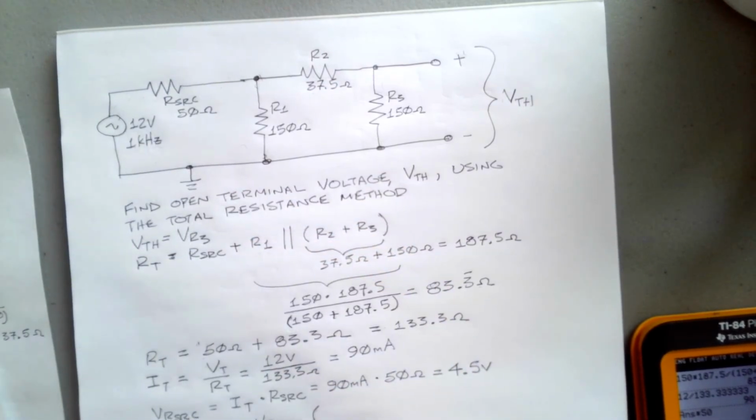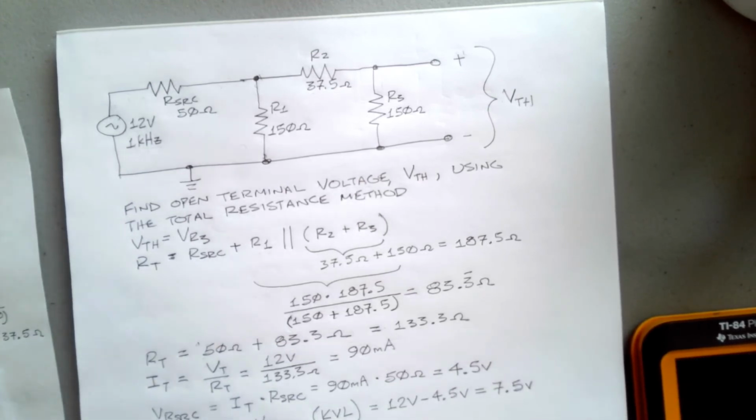Okay. And so what we have here is 12 volts minus 4.5 volts is going to be 7.5 volts. Obviously 7 and 4 is 11, and a half is 1, will give us 12 volts. So there's VR1.